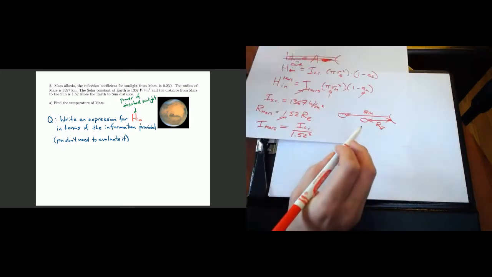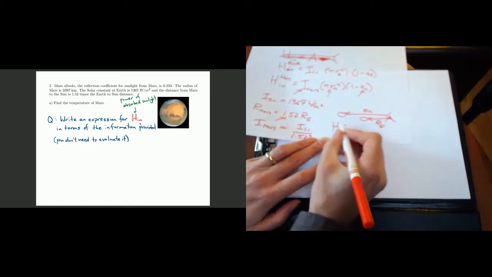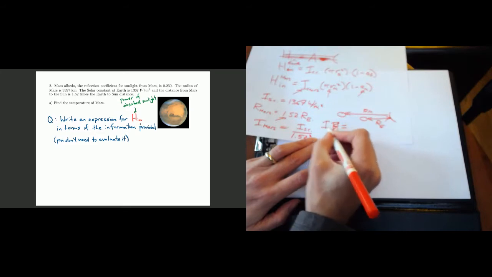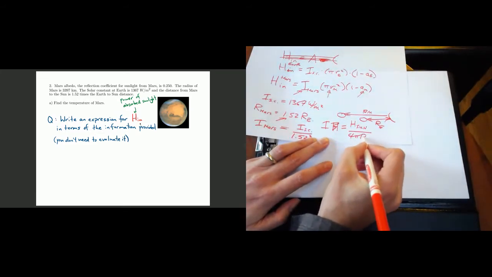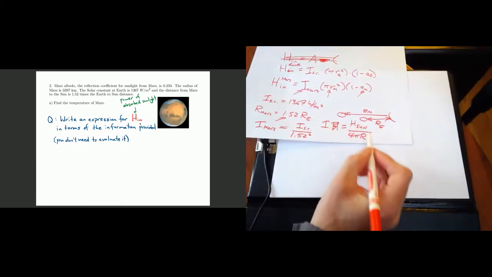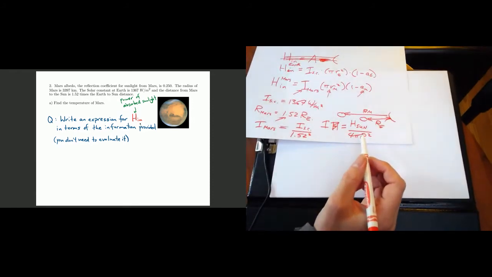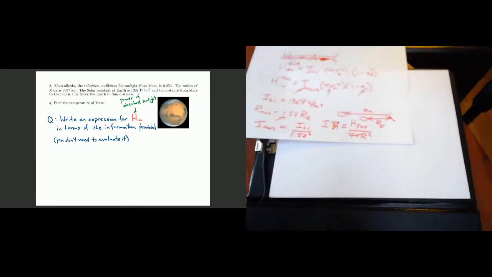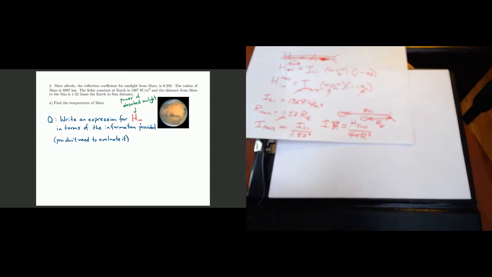Okay, and that's again based on the idea that I is equal to H of the sun divided by 4 pi r squared. So in terms of proportionality, I is proportional to 1 over r squared. And that means that if you multiply r by a certain factor, then you just multiply I by 1 over the square of that factor.